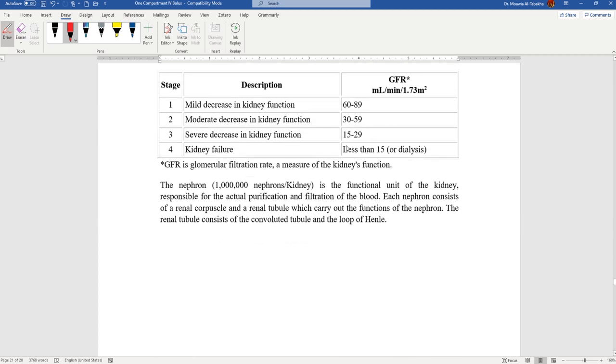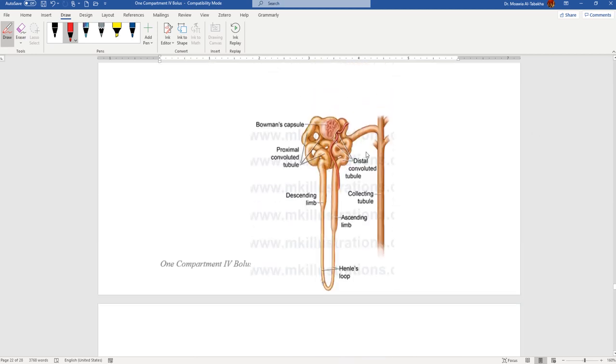So let's look at the Bowman's capsule here. We will have filtration here, and then here we have active secretion and reabsorption, in the descending limb or proximal tubule with distal tubules. So we have different processes affecting the removal of the drug in the collecting tubules, and then in the end it gets removed from the kidneys. Okay?